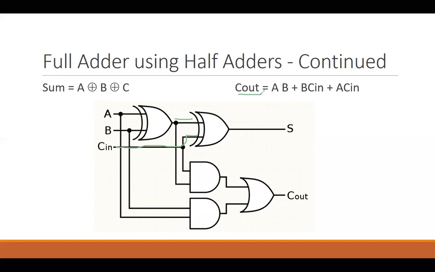About the carry out, we are having first of all A dot B. This is your A dot B. And then you're having your B dot Cn and plus A dot Cn, and we have actually simplified that into this diagram. You can make a more detailed one using all the logic circuits.